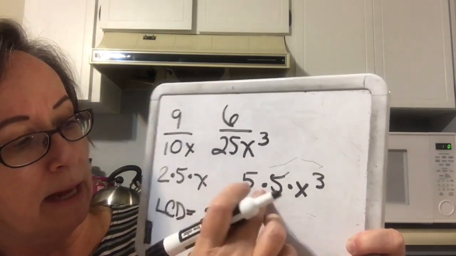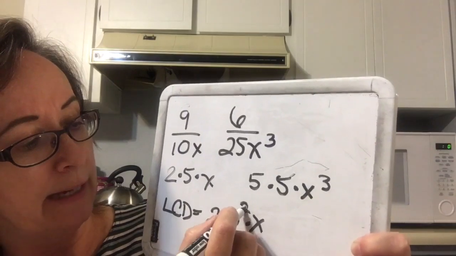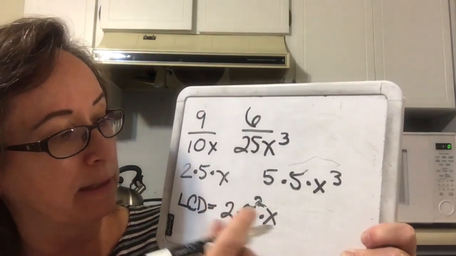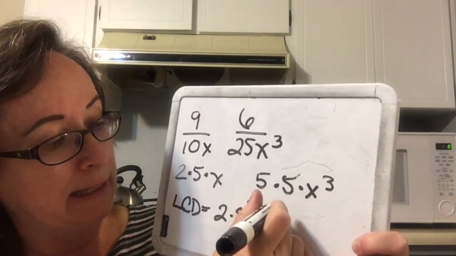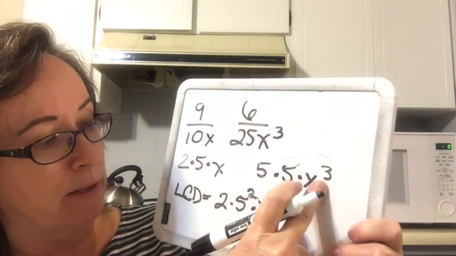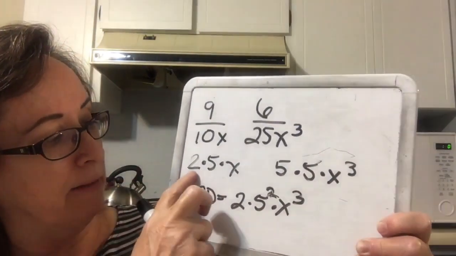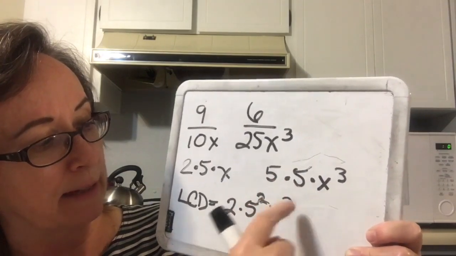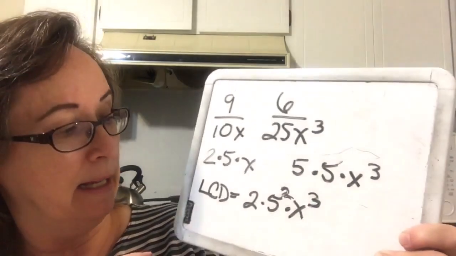Since one denominator has two 5s, I need to have two 5s present in my least common denominator, and then I need to bump the x's exponent up to 3 so that I can see the 2 5x, and I can also see the 5 squared x cubed in the denominator.